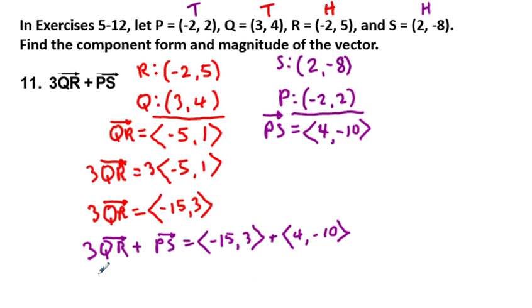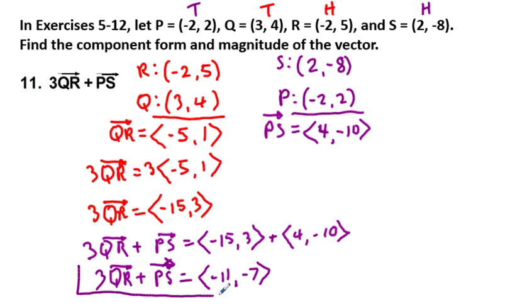Adding these together, 3QR plus PS equals -15 plus 4, which is -11, and 3 plus -10, which is -7. So that's going to be our vector 3QR plus PS.